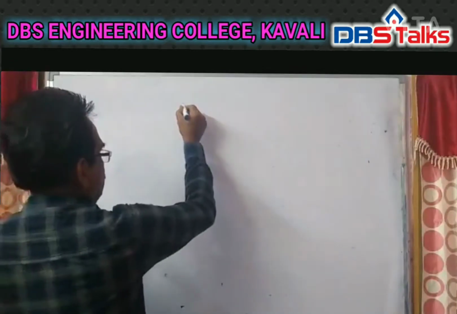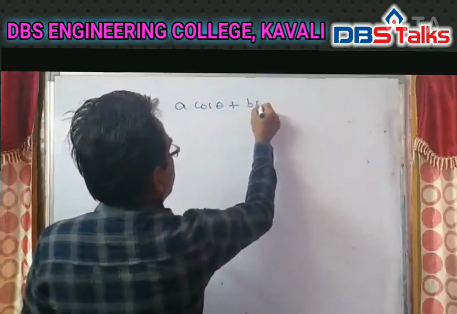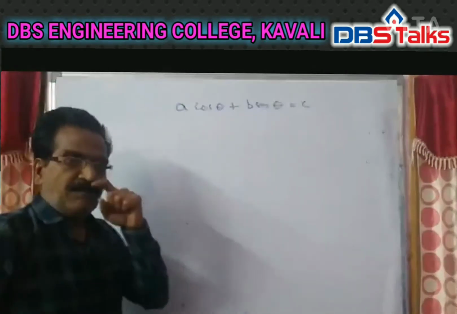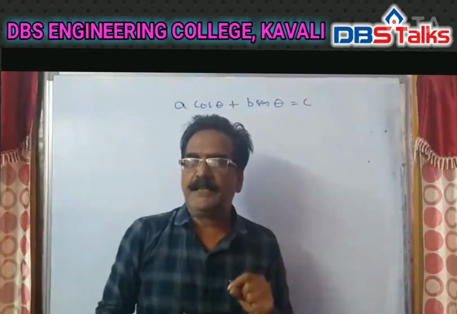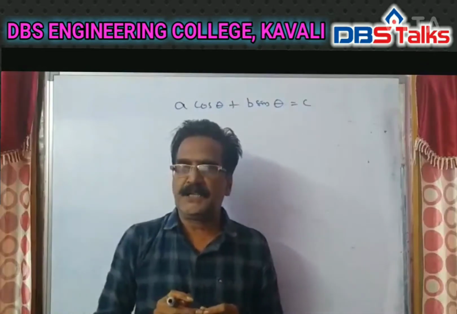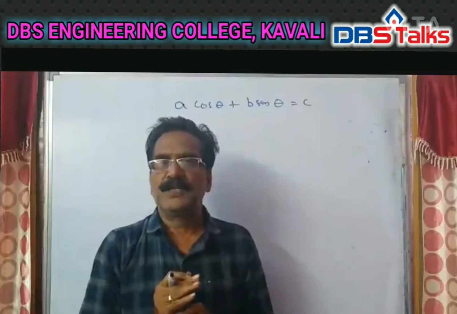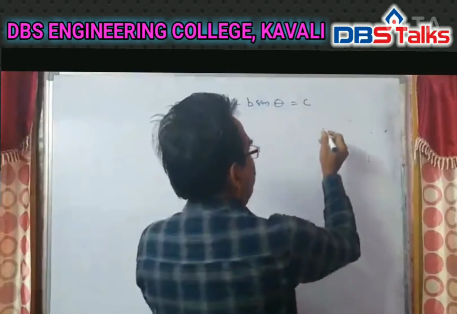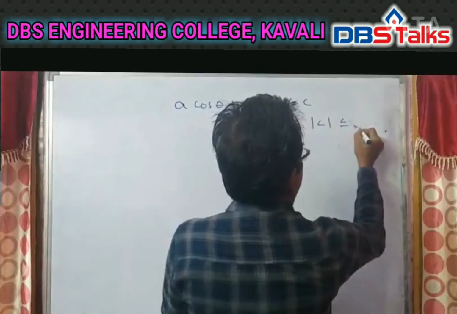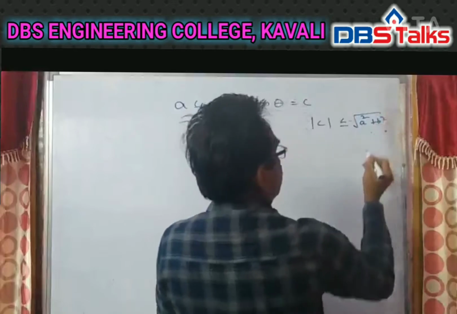a cos theta plus b sin theta is equal to c. If the given trigonometric equation is in this form, first you have to verify whether mod c is less than or equal to root of a square plus b square.